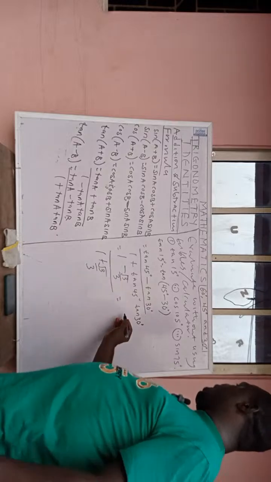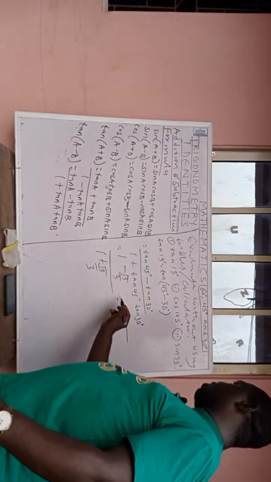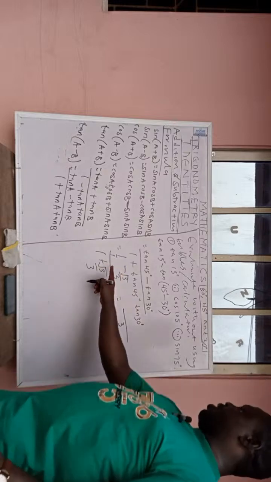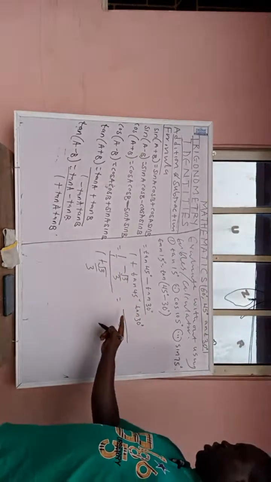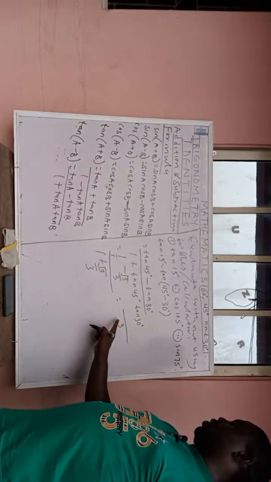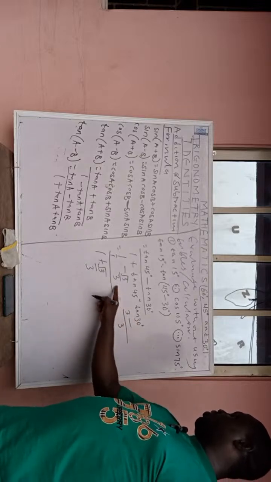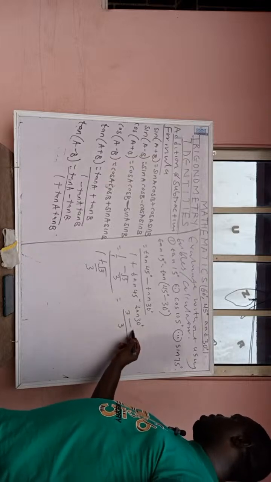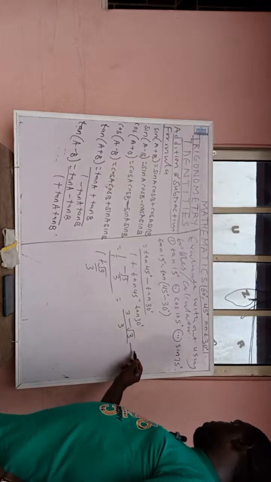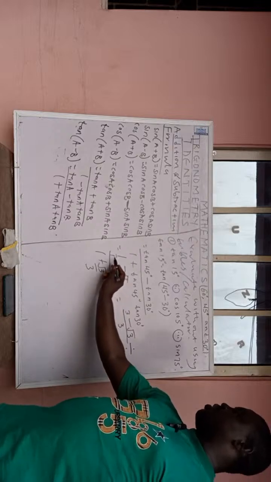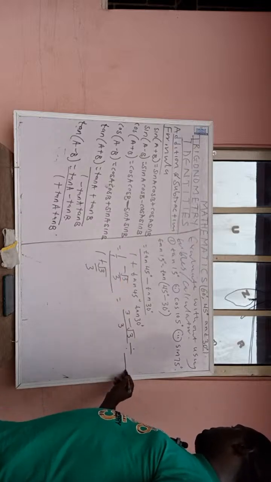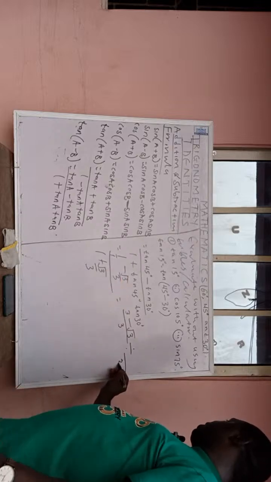So you find the LCM of the numerator, which is 3. 1 in 3, 3 times this one, you have it here. And then 3 in 3, 1, 1 times root 3, you have it there. Divided by, that's this line. So you come here, division, that's this.